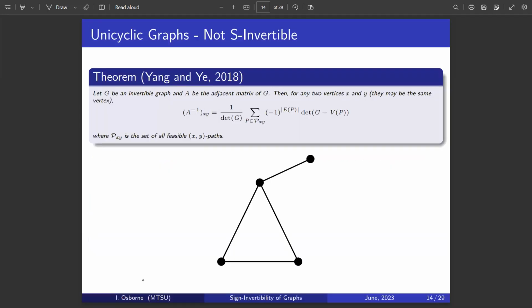Okay, so now with our graph, this is the graph that we were looking at earlier. In this case, it is not s-invertible, and we'll go through that and see why. So we are looking at, for any two vertices, the sum of the determinants when you take out the feasible paths.